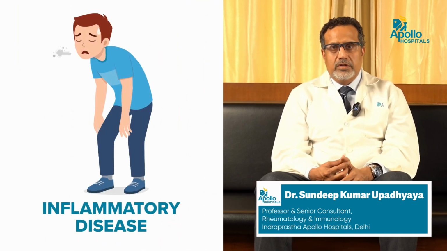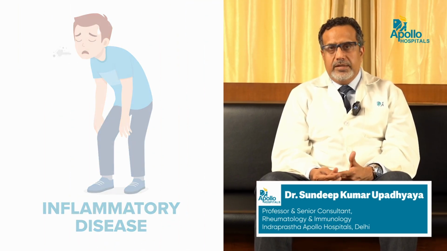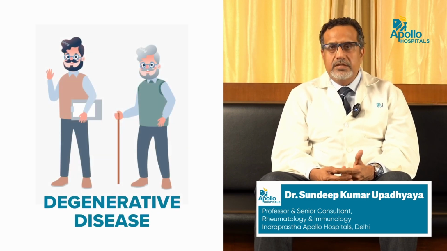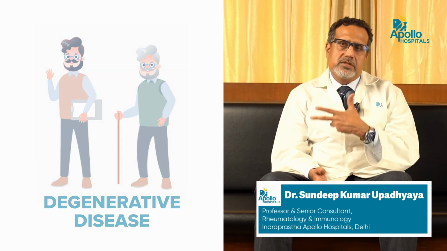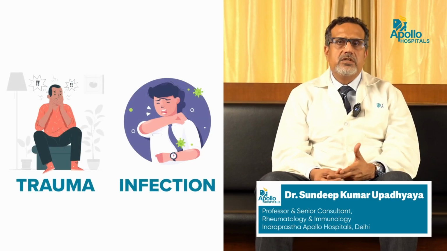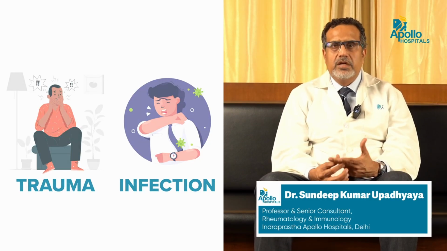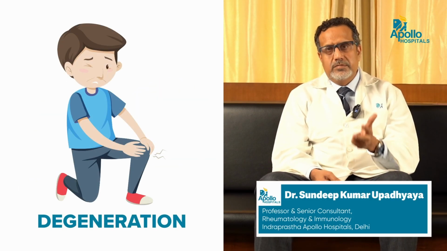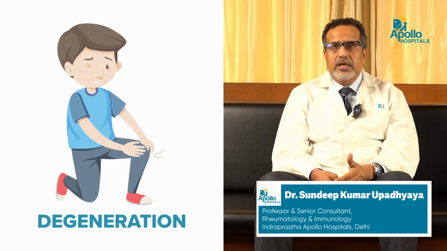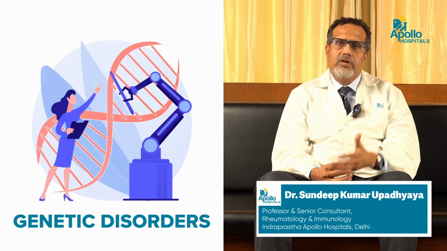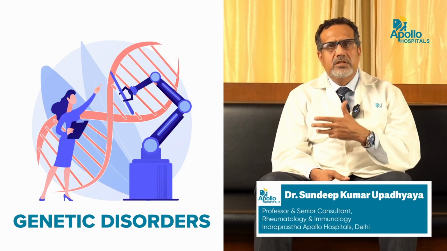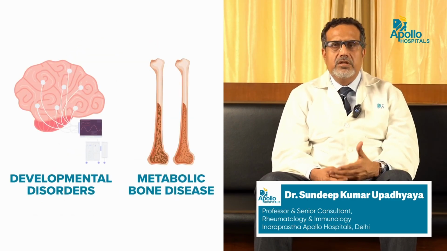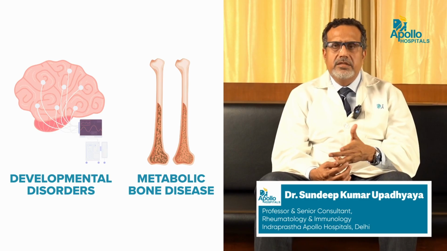The various causes of arthritis are as follows. One is autoimmune or inflammatory. Two is degenerative or age-related. Three are miscellaneous factors related to trauma, to infection, or to degeneration that is beyond just age-related. And some very rare forms like genetic disorders, developmental disorders, rarely some malignancy or metabolic bone disease.